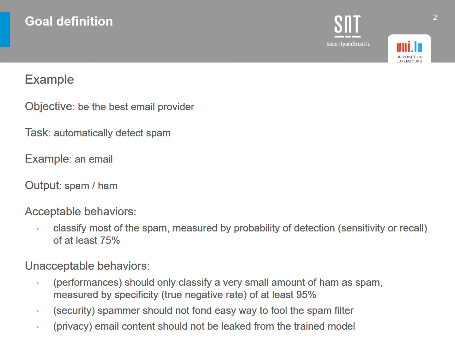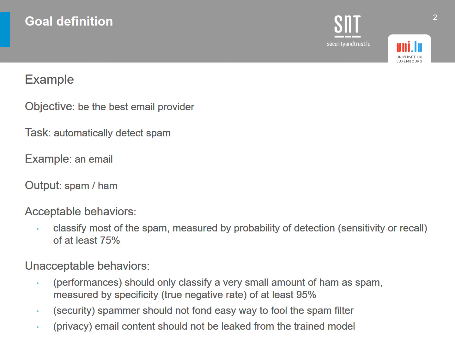So we can measure this unacceptable behavior by their specificity. Specificity is a metric that is also known as the true negative rate, and it corresponds to the amount of non-spam emails that will be classified as non-spam. So here it should be at least 95%, so that we don't push too many non-spam emails into the spam folder.